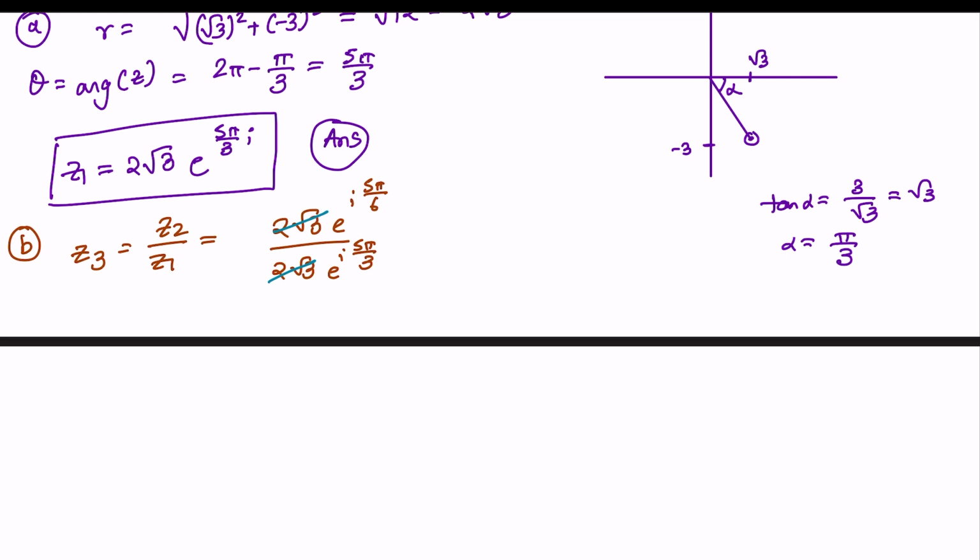Cancel these two out, and when we subtract the powers, 5 pi by 6 minus 5 pi by 3, I get z3 as e to the power negative i 5 pi by 6.